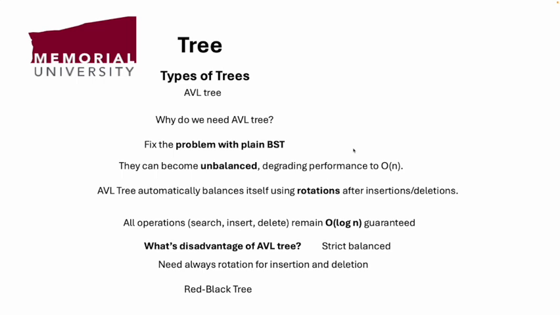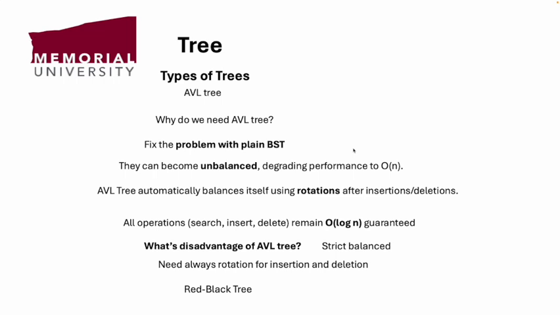So the AVL tree is strictly balanced, and then the researchers thought, okay, let's make a compromise. We don't need a strict balance. We need a slightly weaker balance, like a balance factor of 2 or 3. It's still okay, right? It won't reduce performance a lot. So we don't need to rotate very frequently.